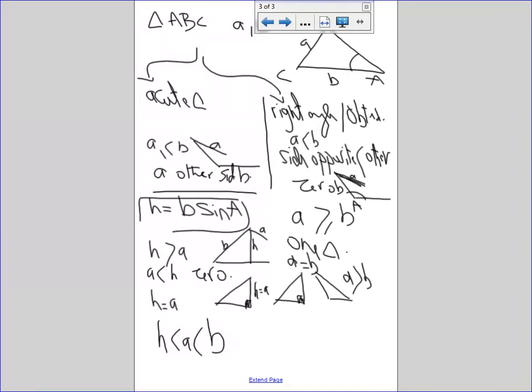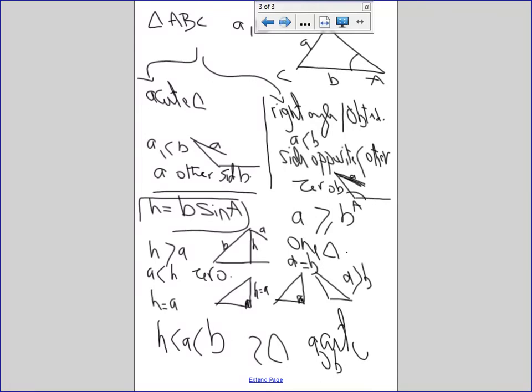If the height is less than a and less than b, I have two triangles. What are the two triangles? One of them is acute and the other one is obtuse.